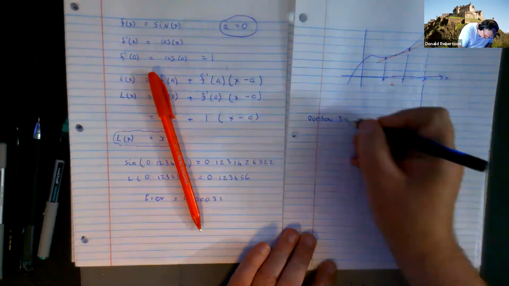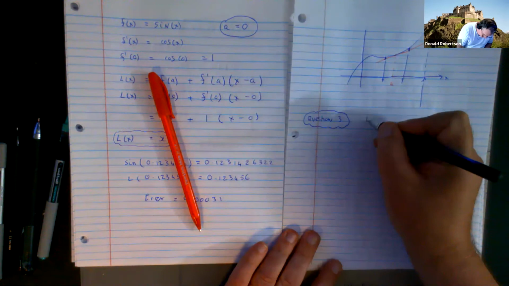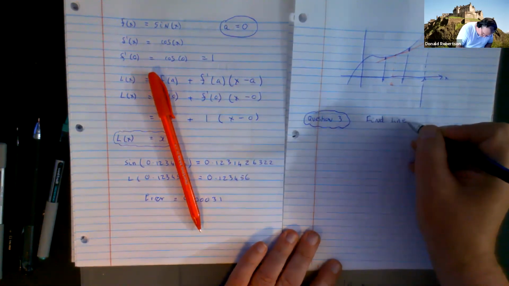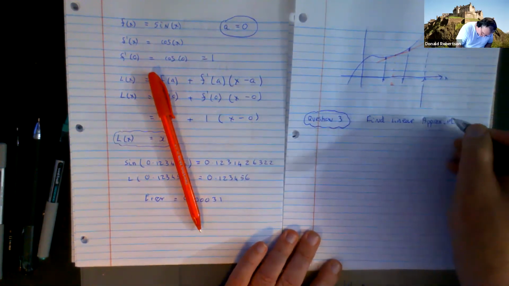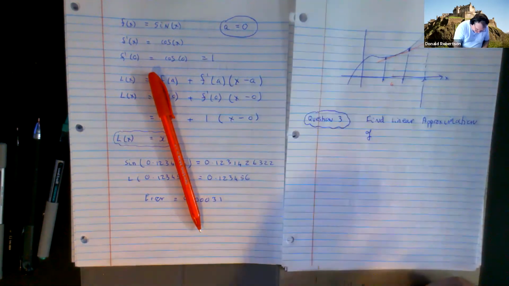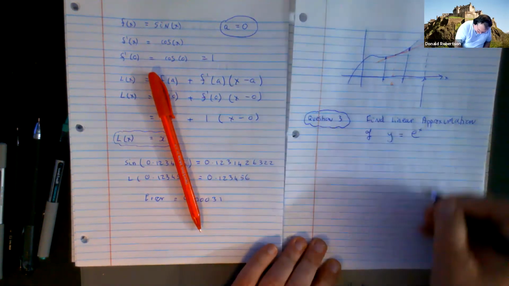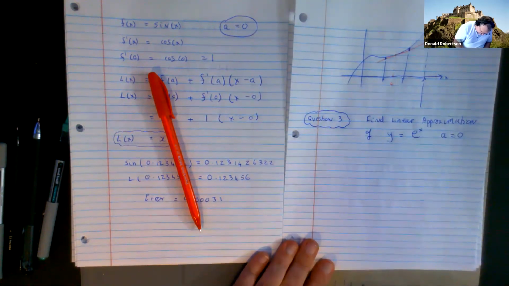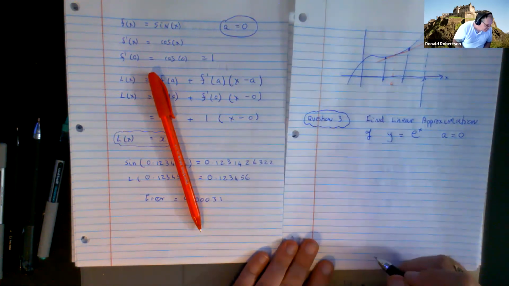And this question, I want you to find the linear approximation of y equals e to the x at a equals 0. That's it. Nothing else. Just calculate that.